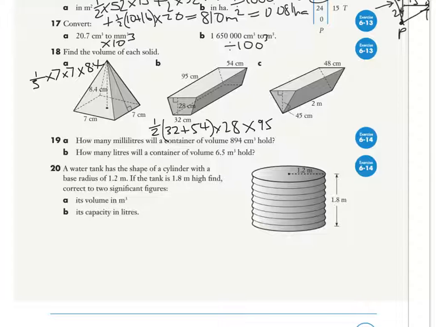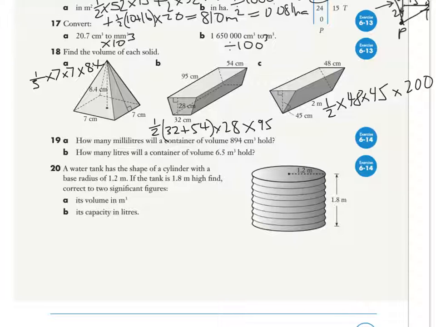We have a triangular prism, so therefore half times the base is 48, the height is 45, and the height of the whole triangular prism, or how far does that area go back, is 200 centimeters. Or you can do half times 0.48 times 0.45 times 2 to get into meters cubed.